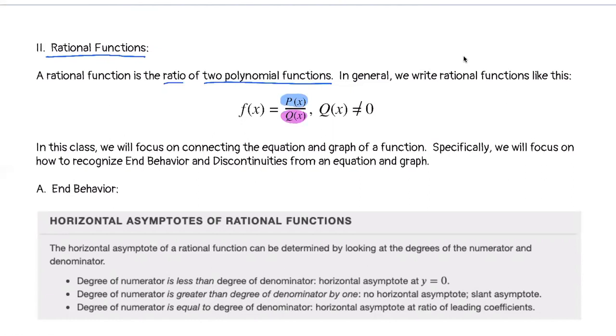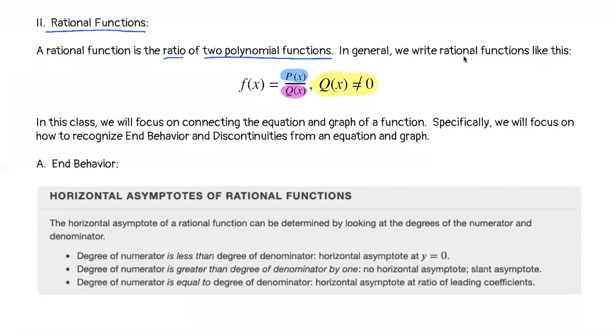Now, p of x and q of x are both polynomial functions, and we're dividing them to get the rational function. It's really important that we note that q of x cannot be equal to 0, because when we divide by 0, that's when we start to have problems, especially if the whole function is 0. There might be points where q of x is 0, but we don't want the whole function to be 0.